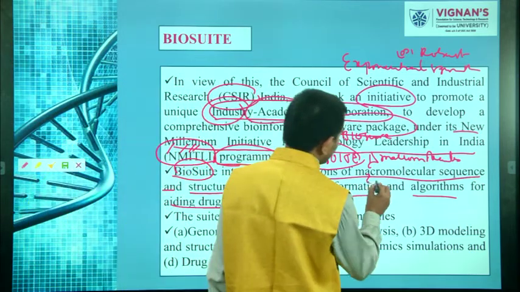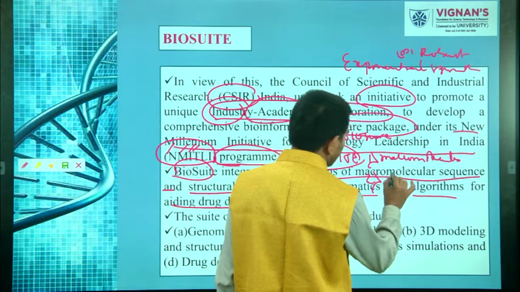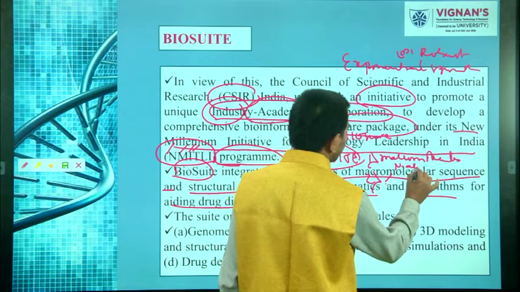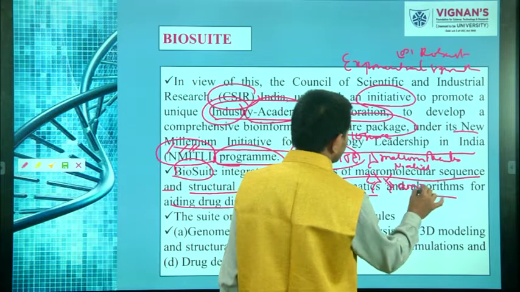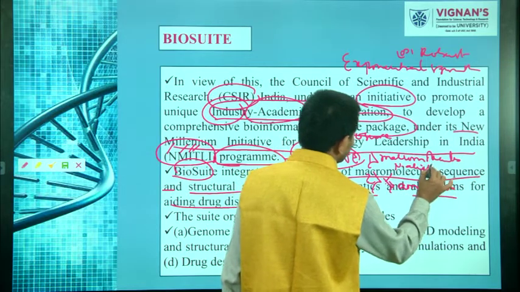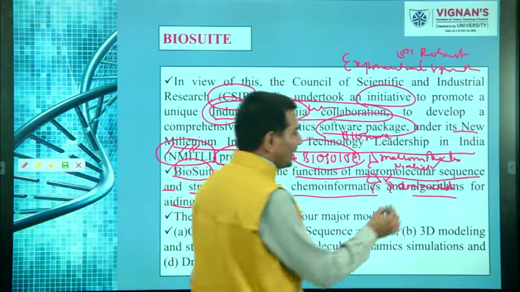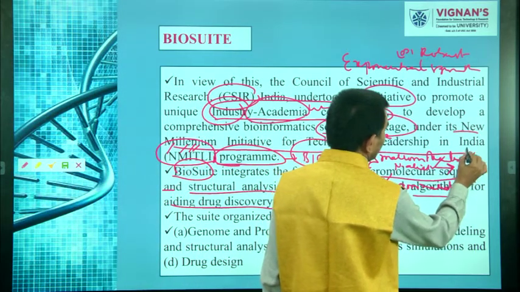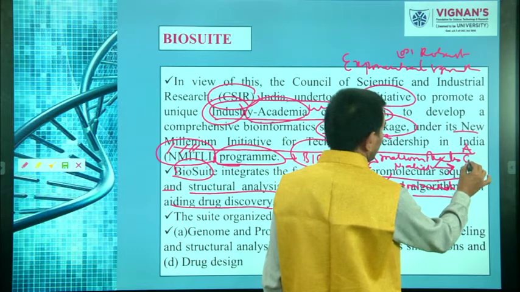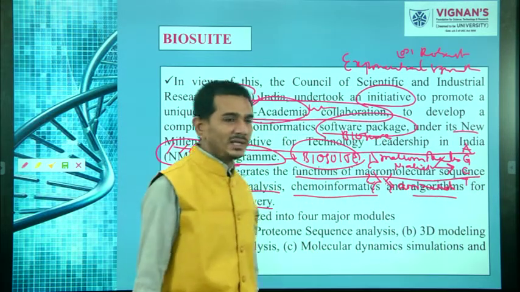And here I would like to mention there are two types of sequences. The first one is nucleic acid sequence, and the second one is amino acid sequence. Coming to the nucleic acid sequence, we can see the repetition of 4 nitrogen bases, that is adenine, guanine, cytosine, and thymine, if it is a DNA.